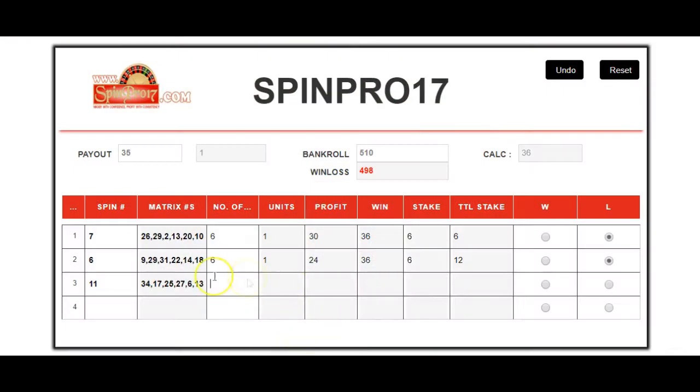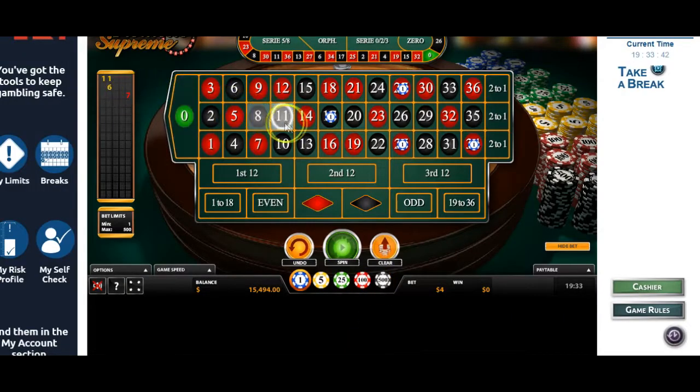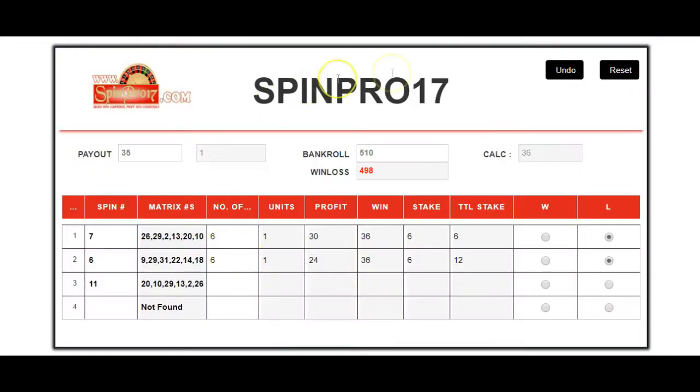Just remember these numbers. If you put in this number 11 right here again, it actually just changed. We put in the number 11 and we were starting to put these numbers down, so we'll clear this. Not a problem.